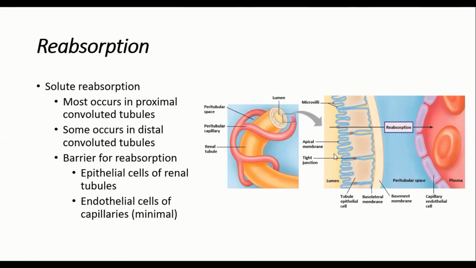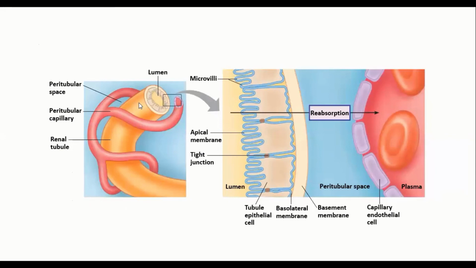Okay. So we've taken a cross section here. So we have the lumen of the tubule, or just the inside part of the tubule. This is where our filtrate is moving through. We have a membrane facing that called the apical membrane.